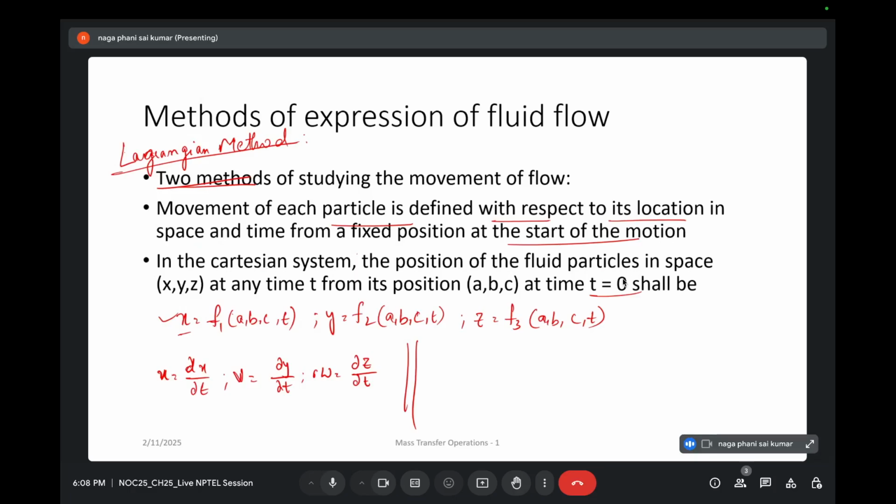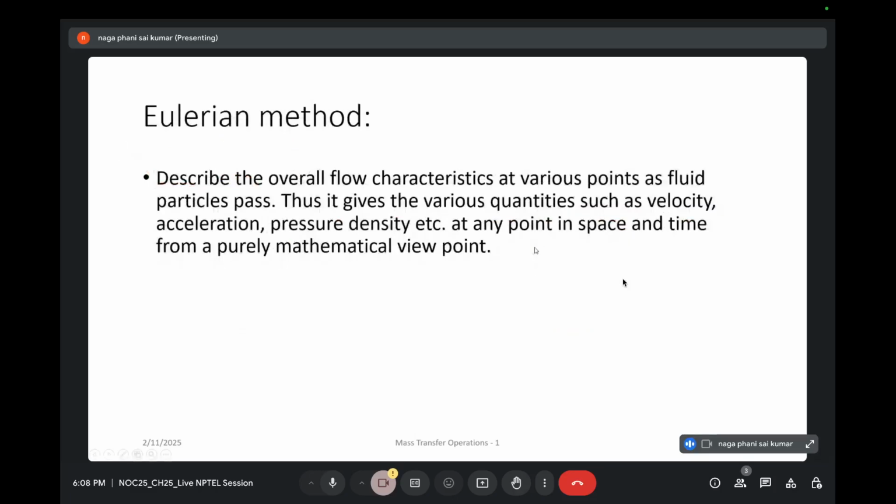So acceleration in x direction, ax, is equal to the double differential, that is dou square x by dou t square, and ay will be dou square y by dou t square, and az will be dou square z by dou t square. This is how you'll be expressing it in the Lagrangian method.